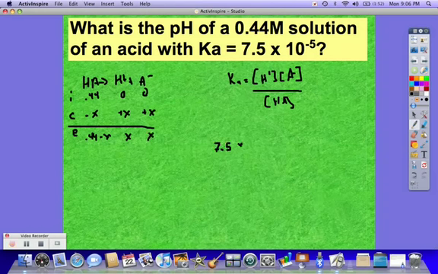So 7.5 times 10 to the negative fifth is equal to x squared over 0.44 minus x. So x is equal to my hydrogen ion. Can ignore the minus x.